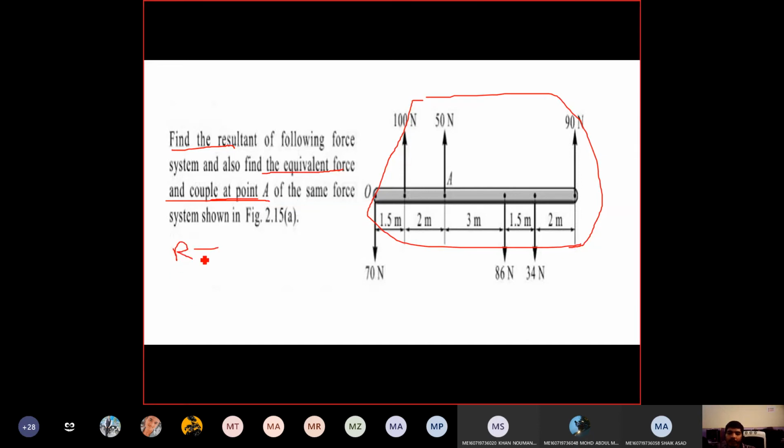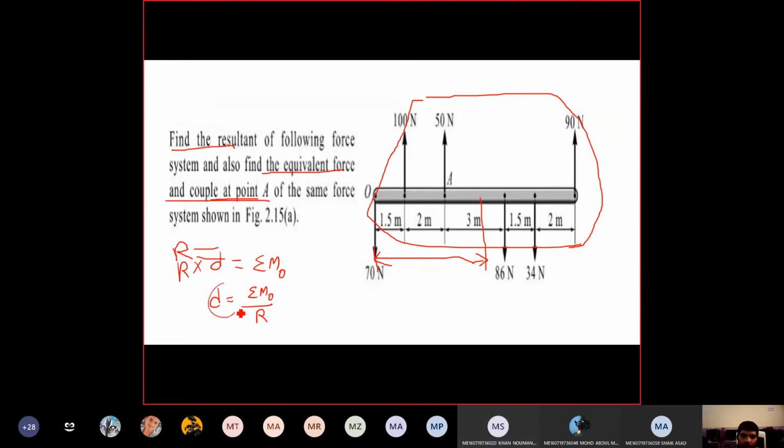Now we have calculated the resultant force and the distance at which this resultant force is acting. Just now I have written R into D equal to summation of moments about point O. So D is equal to summation of moments about point O divided by this R value.